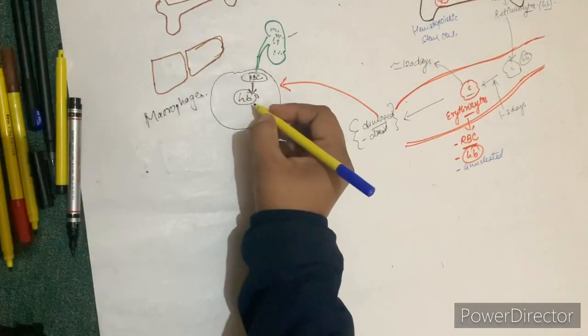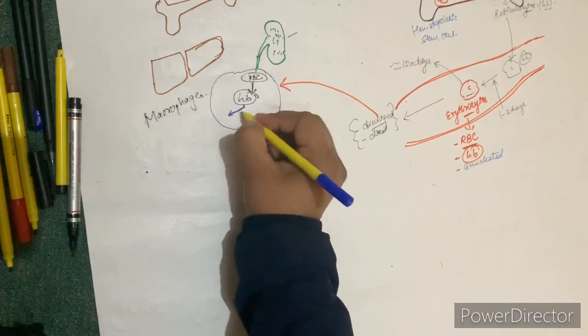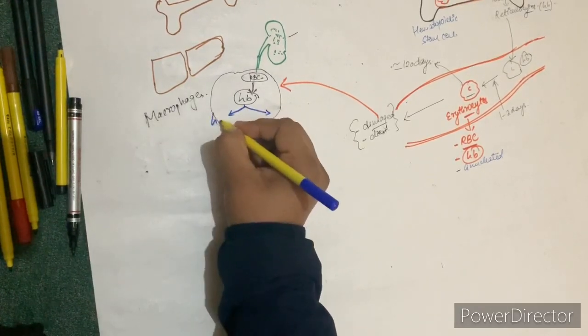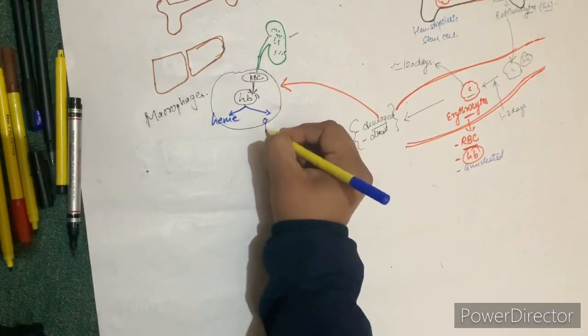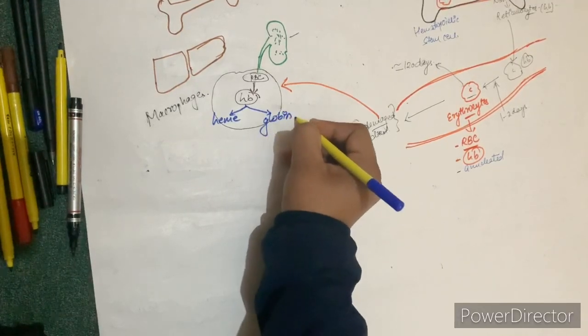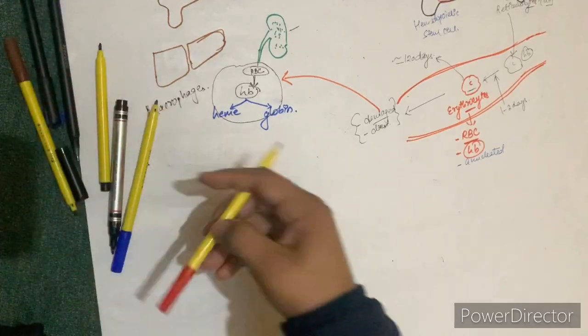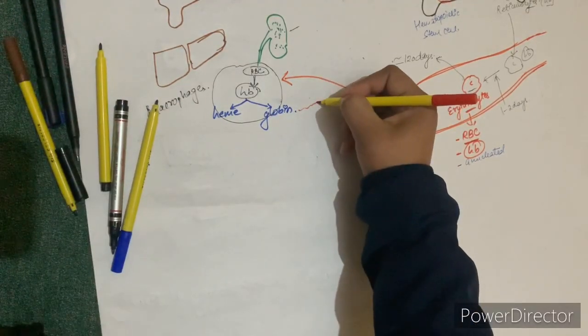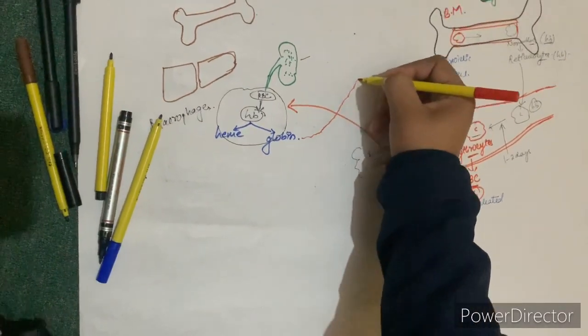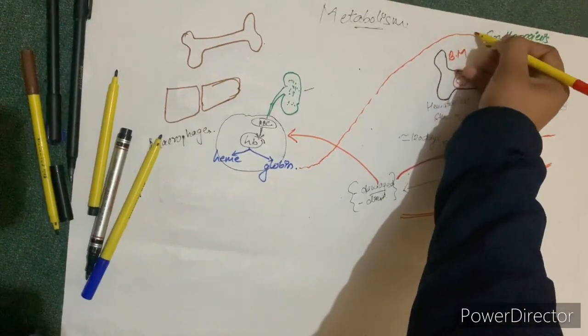With further degradation, this hemoglobin gets converted into heme and globin. This globin is again reused in the erythropoiesis process.